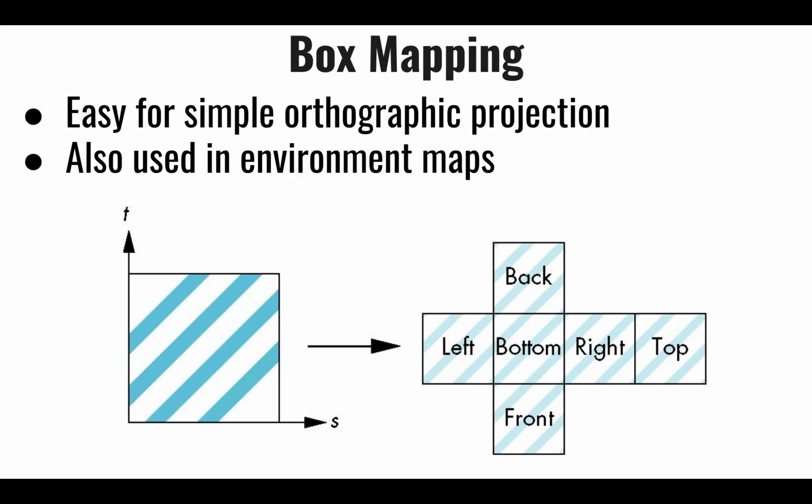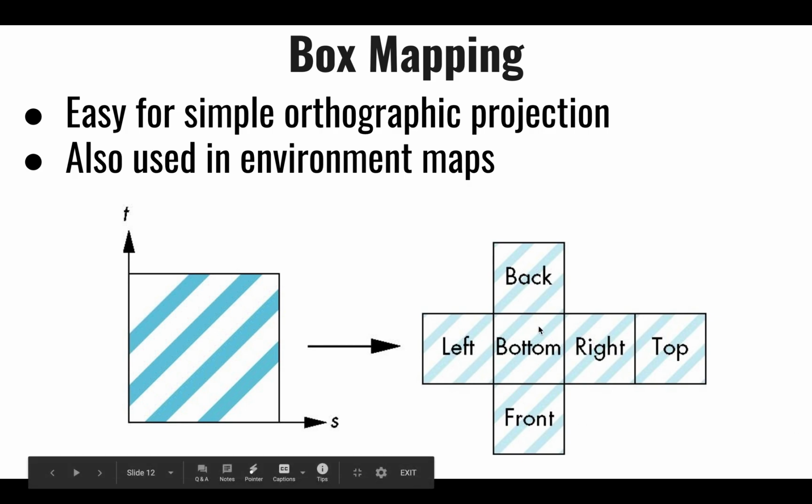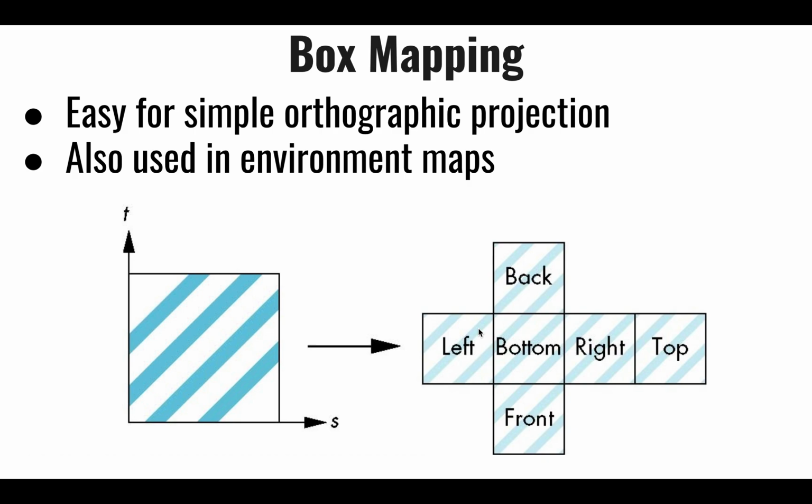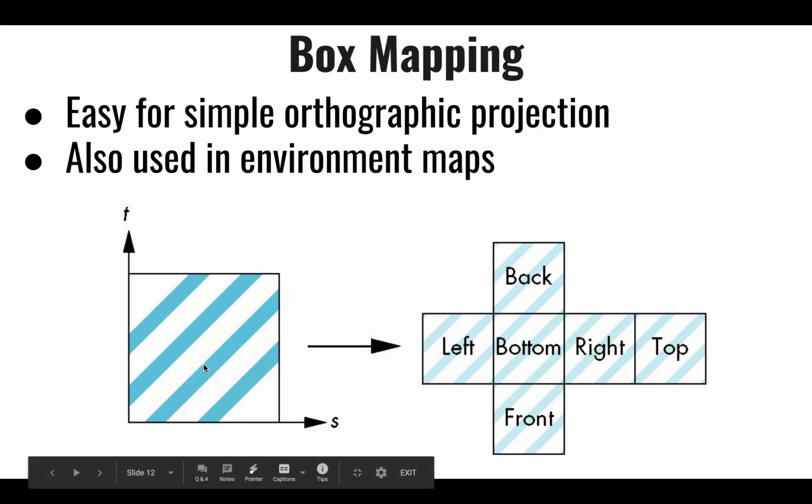Also, a box mapping as well. This is perhaps a simpler mapping where, as you're iterating over a specific face of a box, a cube, you can decide to use that specific image. Or you might even have multiple images, one per face.